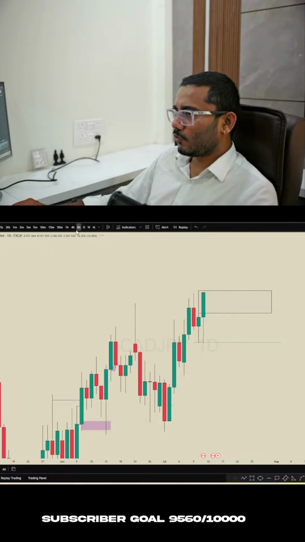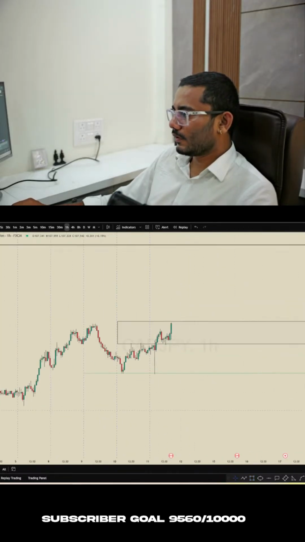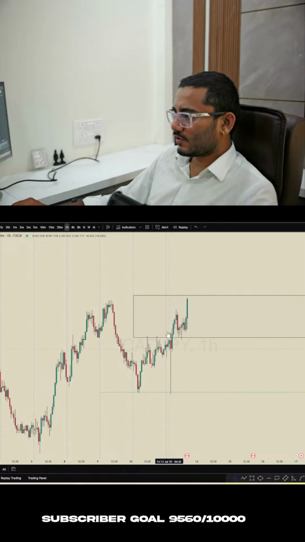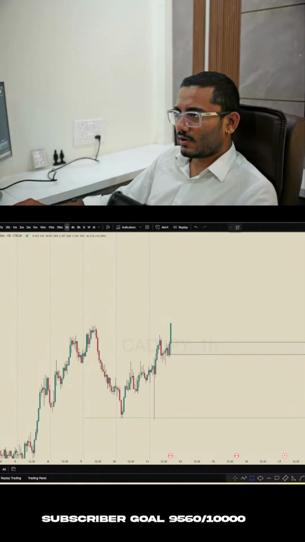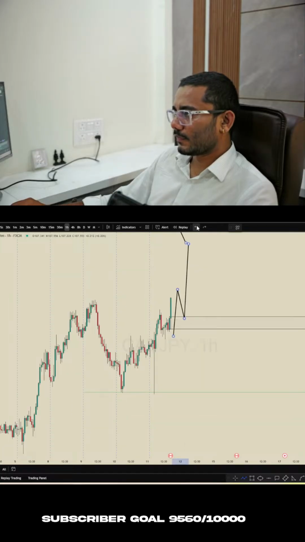So we can expect a pullback on higher time frame. Here price swept the liquidity, mitigated this order block, and now price has created this imbalance. So we can look for a retest here to the upside.